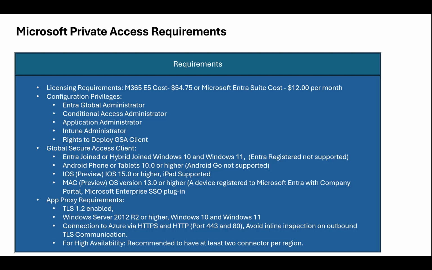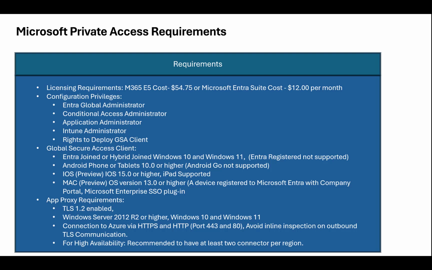Now, the app proxy, which is an important element in your entire architecture of private access, you need to have TLS 1.2 enabled, and on top of it, any operating system higher than Windows 2012 R2 would work. It can also be installed on Windows 10 and Windows 11.